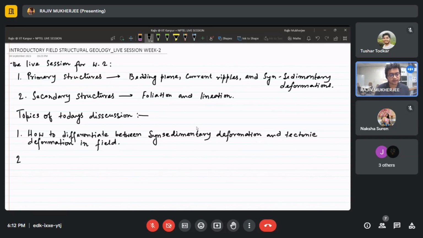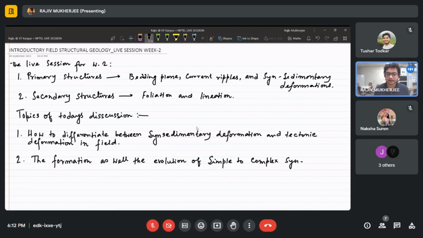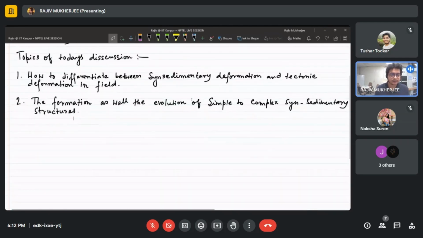And then we will discuss the formation as well as the evolution of simple to complex sin sedimentary structures, right? And these sin sedimentary structures have different utilities.